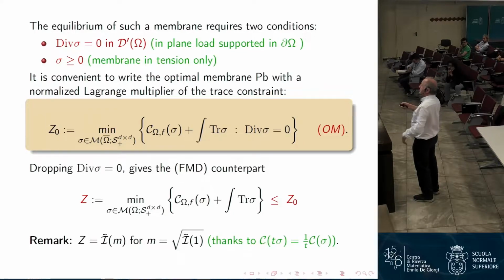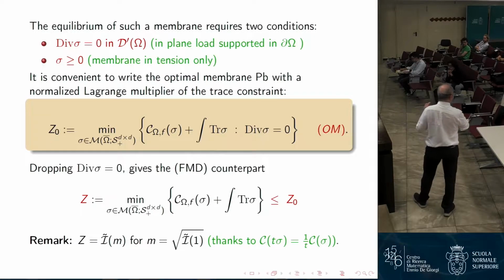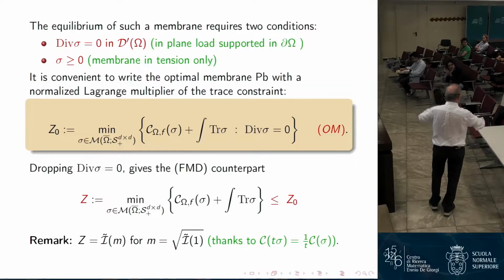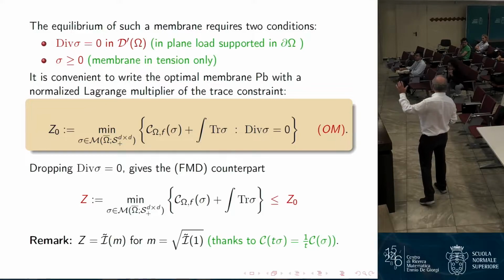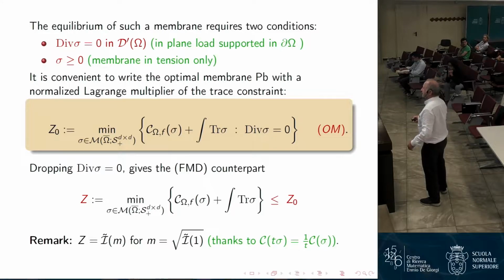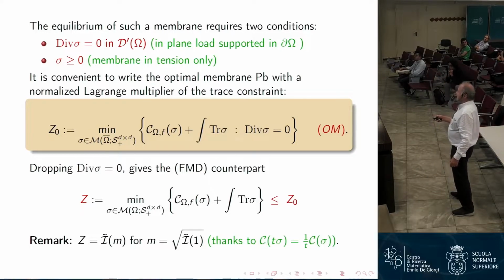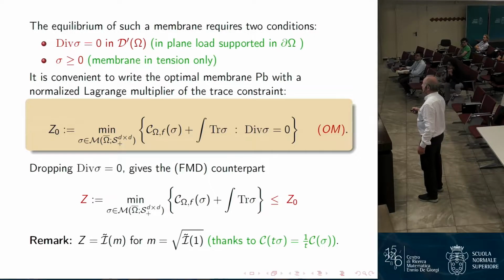So sigma has to be in tension only. In the vault problem it is the contrary, it is in a compressive regime. So you have a sign to choose. And you minimize the compliance with this divergence-free condition.